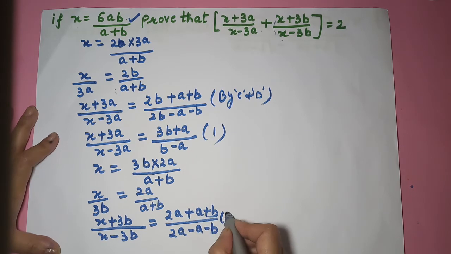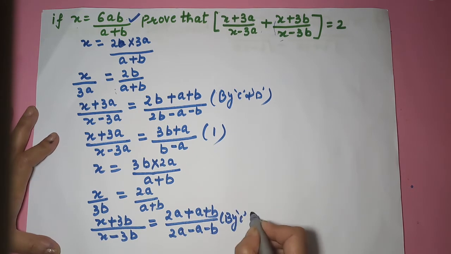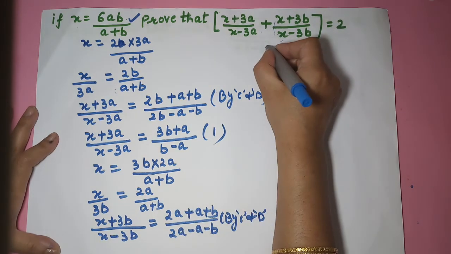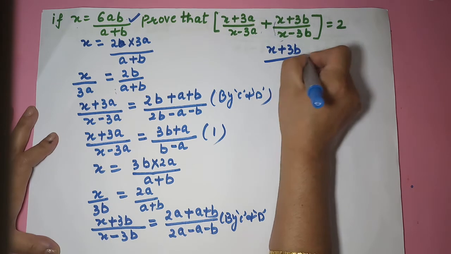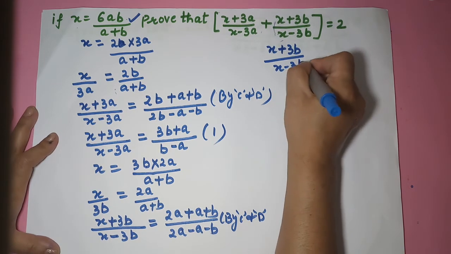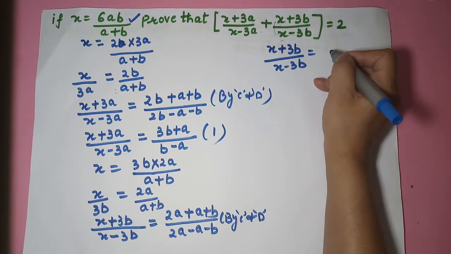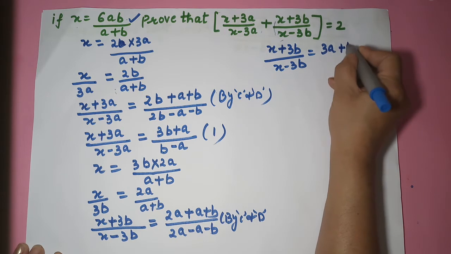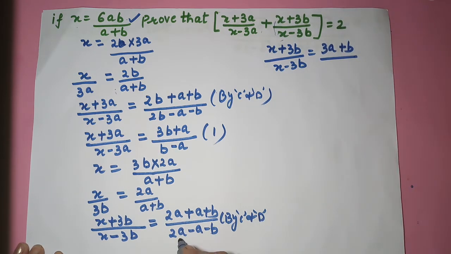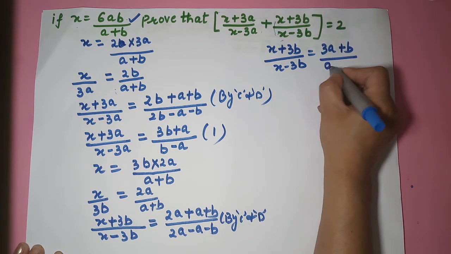So this is by componendo and dividendo, right? So what am I getting from here? x plus 3b upon x minus 3b is equal to 2a plus a is 3a plus b, and in the denominator 2a minus a is a minus b.